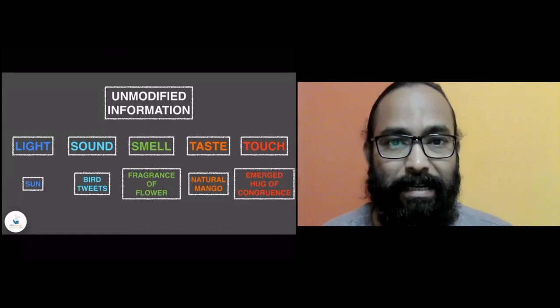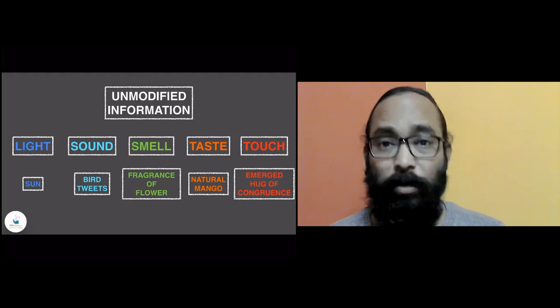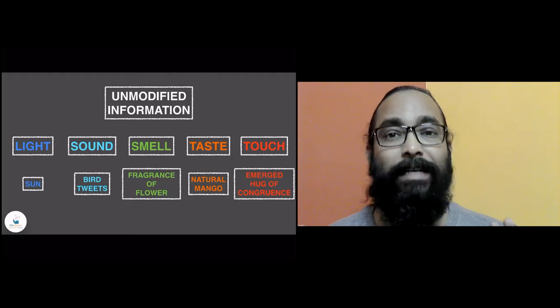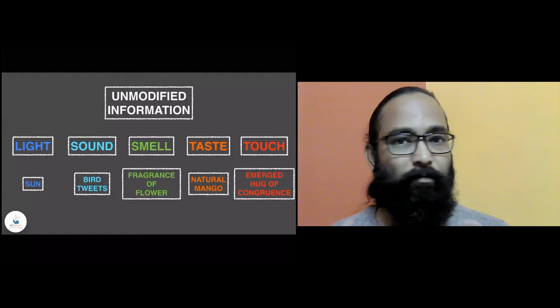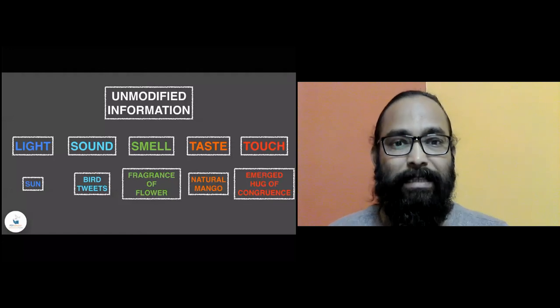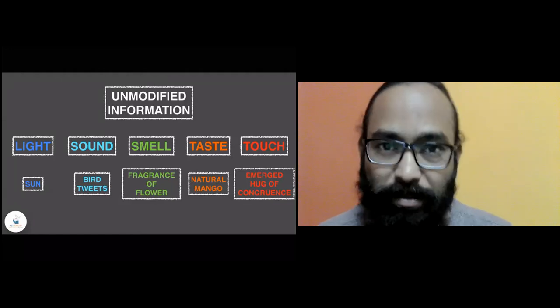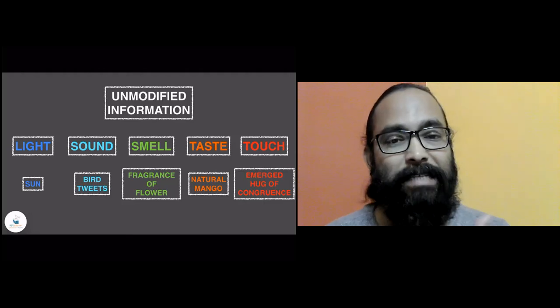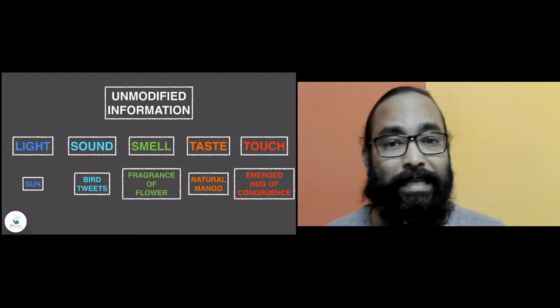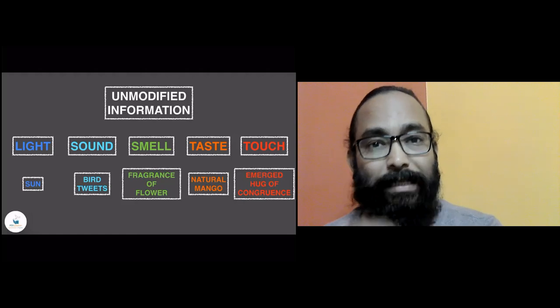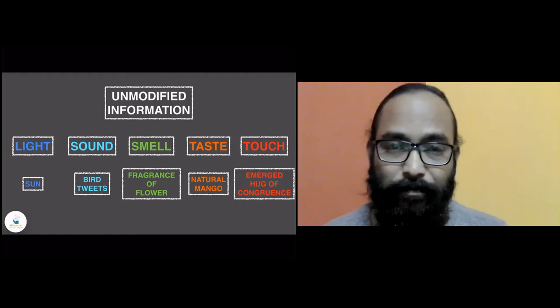These are necessarily unmodified natural information. And this information, when we bifurcate, we find the 5 types of information are received by our 5 sense organs, which are light, sound, smell, taste, touch, received through our eyes, ears, nose, tongue, and the skin.